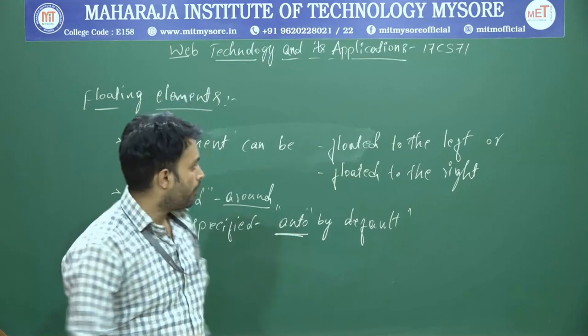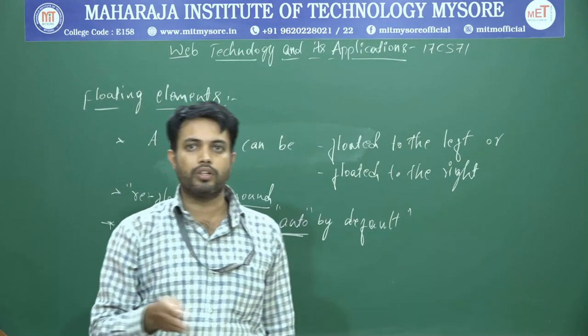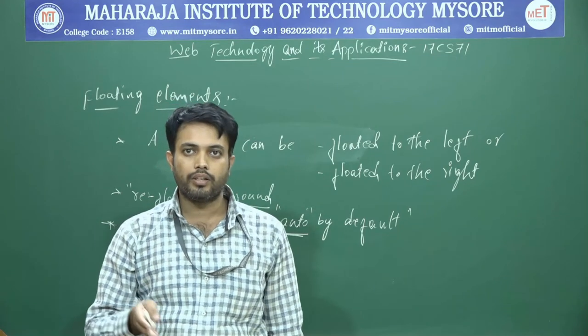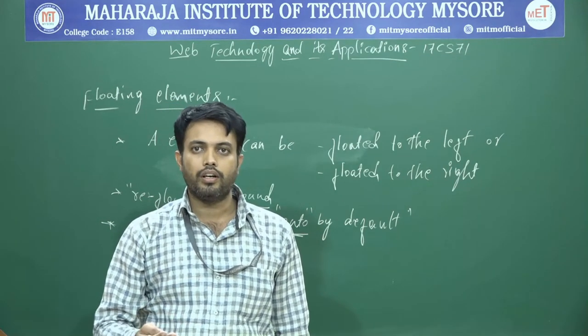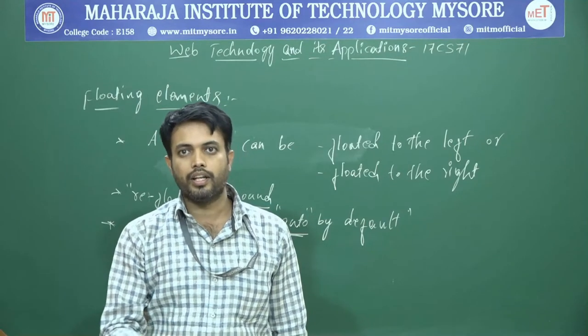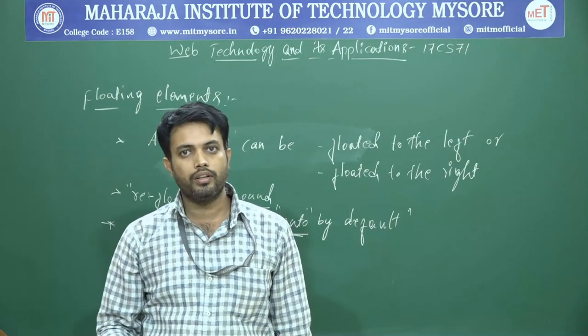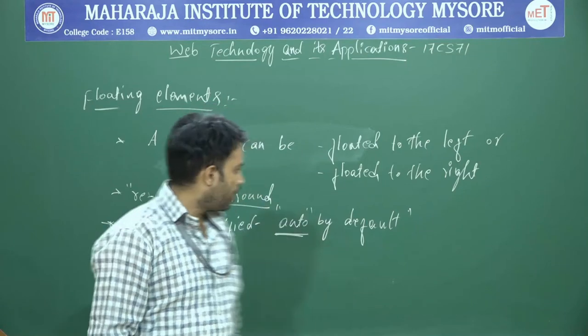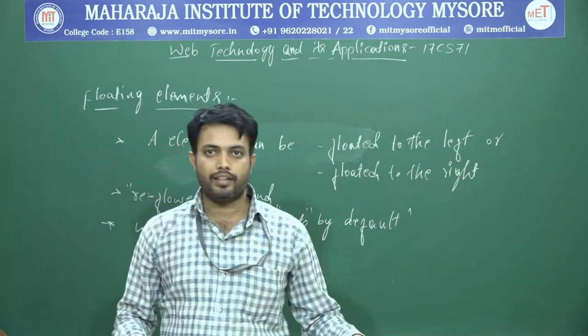For example, if I define this floating element within a body, then the body is the container. Suppose I define the floating element within a form, or within an article, then the article width is the default width of the floating element. So it will automatically occupy the entire width of the container.